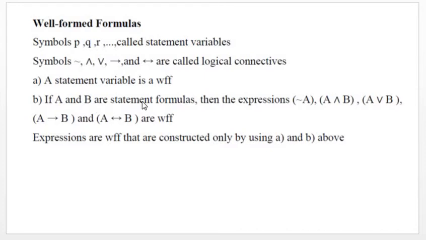If A and B are statement formulas, then the expressions negation of A, A and B, A or B, A implies B and A if and only if B are well-formed formulas. Expressions are well-formed formulas only if they are constructed using these rules.